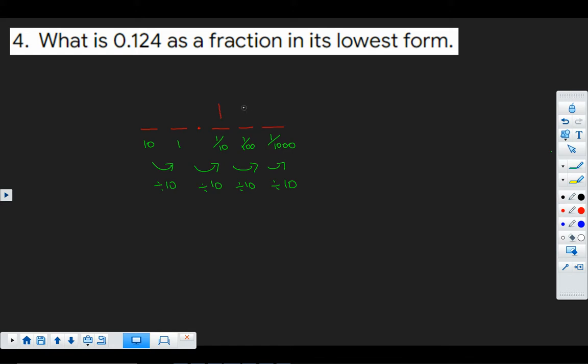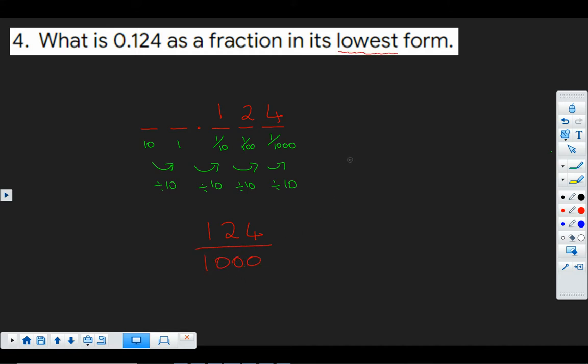So the fraction we've got here is 124, and the 4 is in the thousandths column. So my quick way to write this is 124 all in the thousandths column. So that is my fraction.